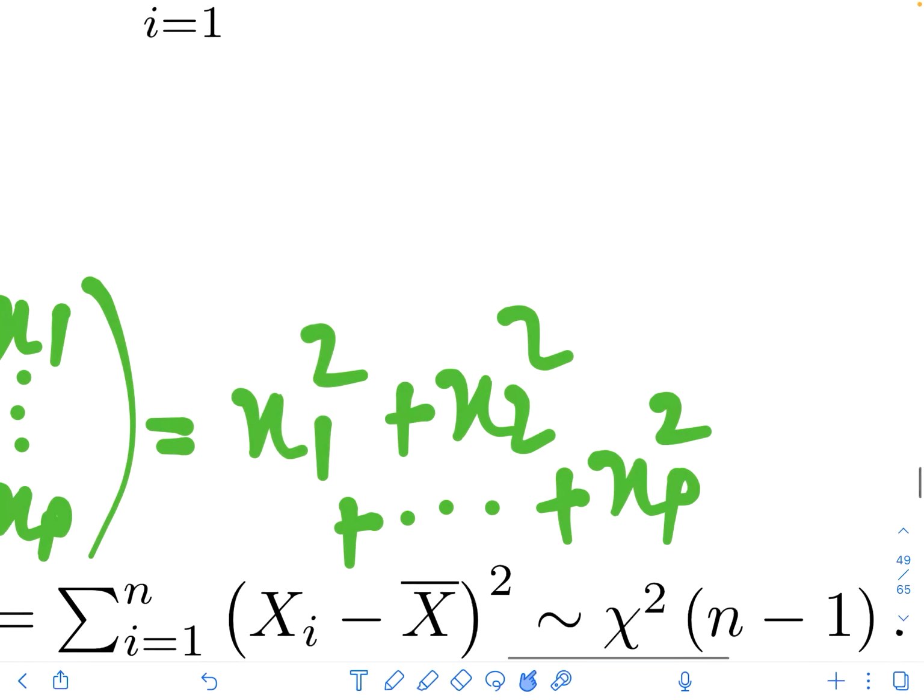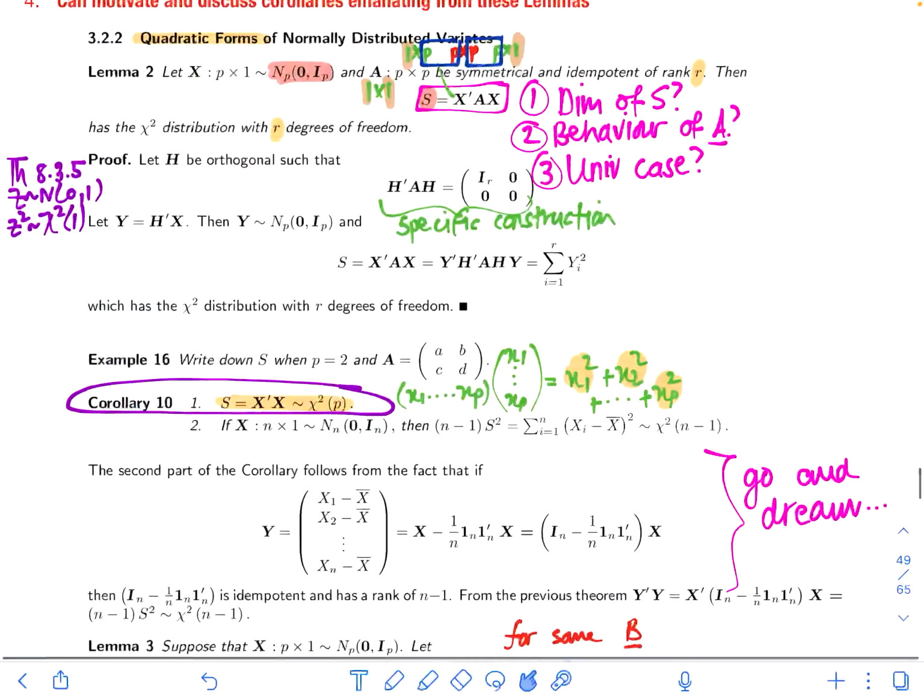So each of these can be viewed as chi-square 1 by themselves, and now we're adding all of them together. They are independent, by the way, because of our identity covariance assumption in this case.